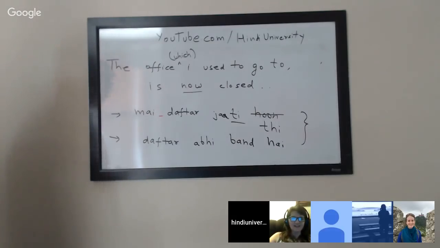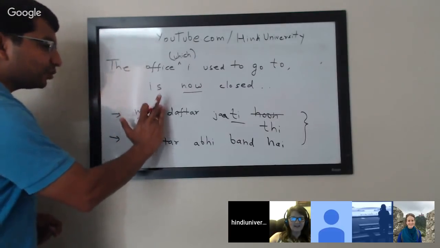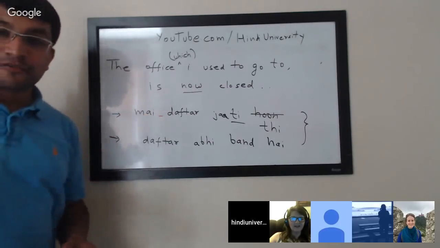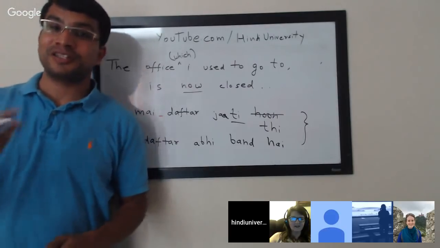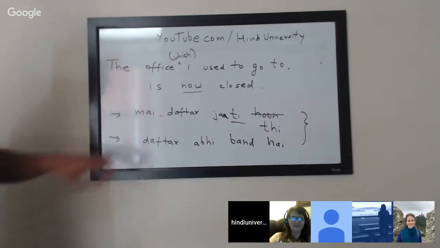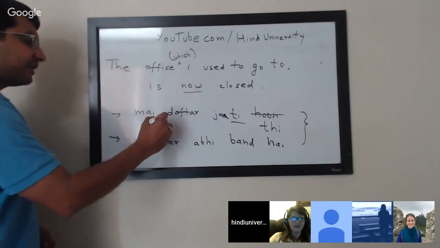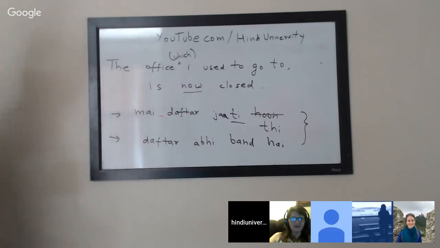Jiska. So you don't have to put ka, right? I mean, whose office is, you will put kiska office. If I say kiska office, you can say mera office, right? Okay. मैं, which office? We just covered it just before this sentence, right? What did we use?